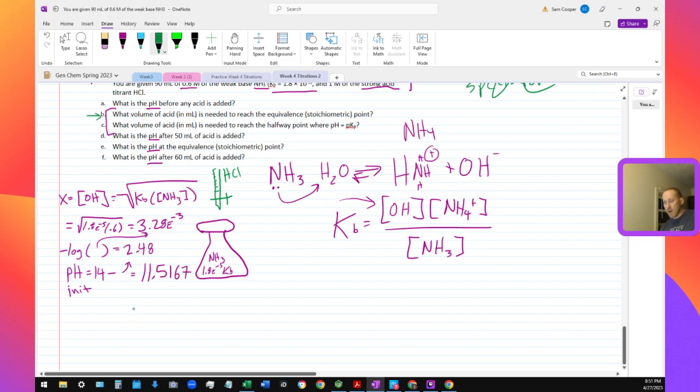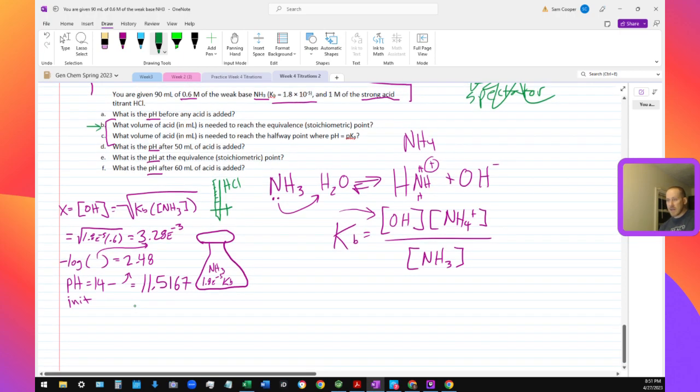So we are talking 90 milliliters of ammonia, and the ammonia is 0.6 moles per liter.